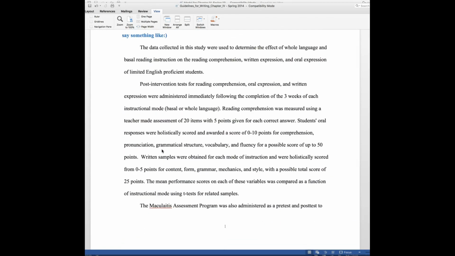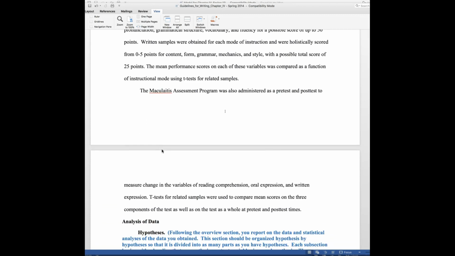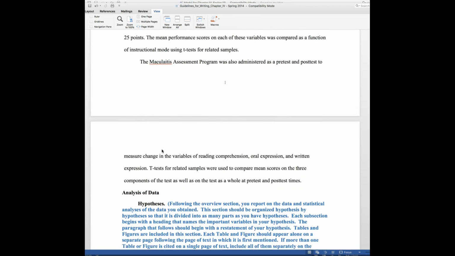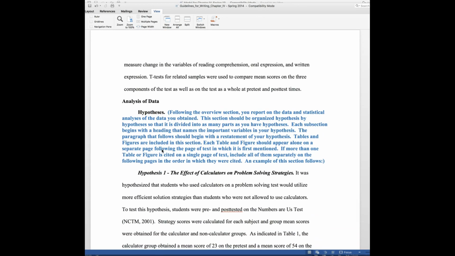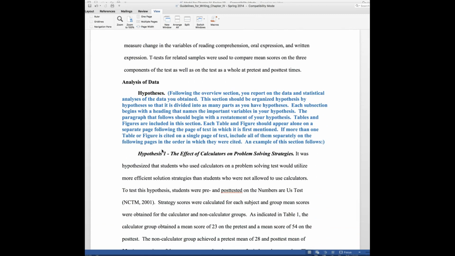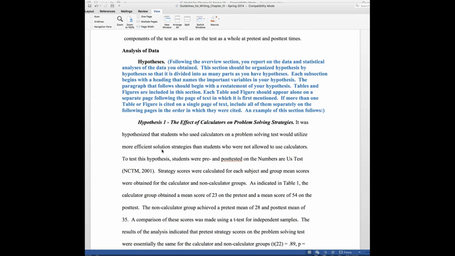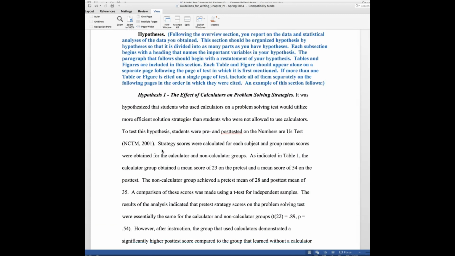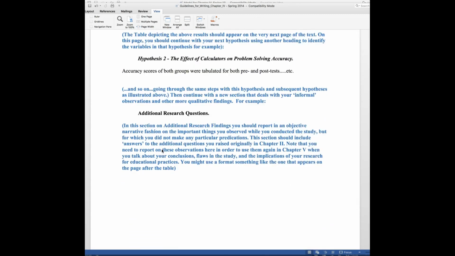The overview can go because you already have that, unless you changed something as you're collecting data. This is basically your Chapter 3, your plan. If something changed as you began collecting data, you might have to change Chapter 3, and then this would be the difference. You can set up your hypothesis and how you tested them, and then we'll do the tables after you collect everything, but we can get it started.